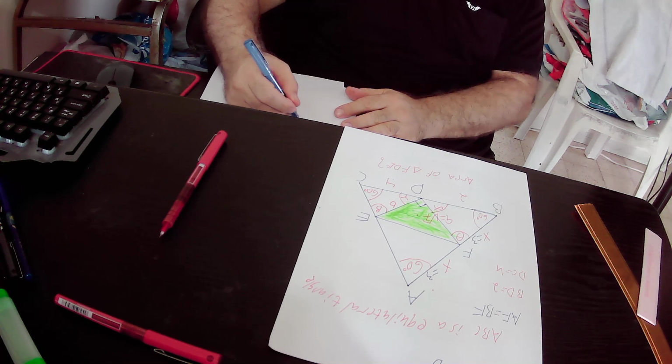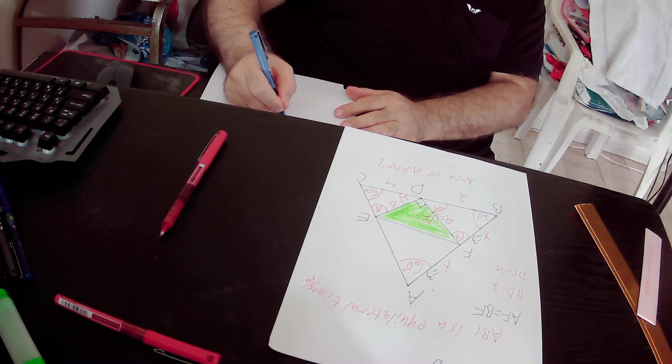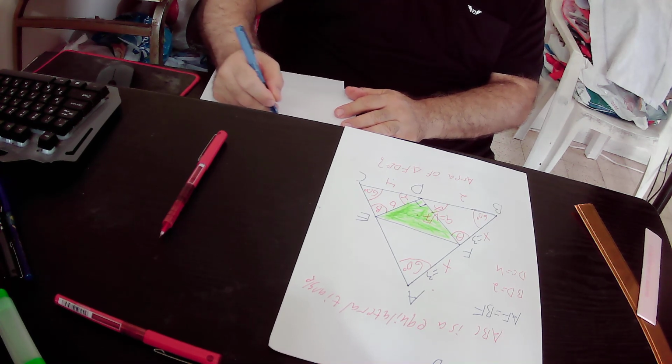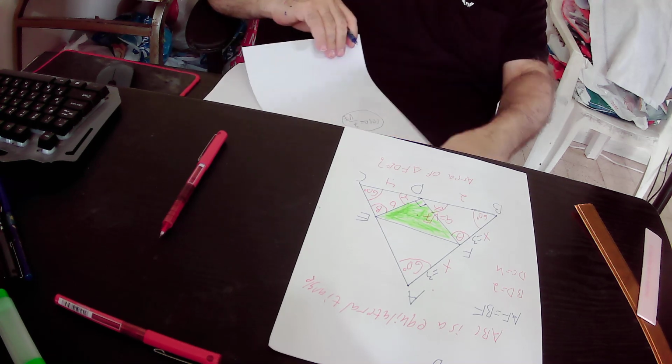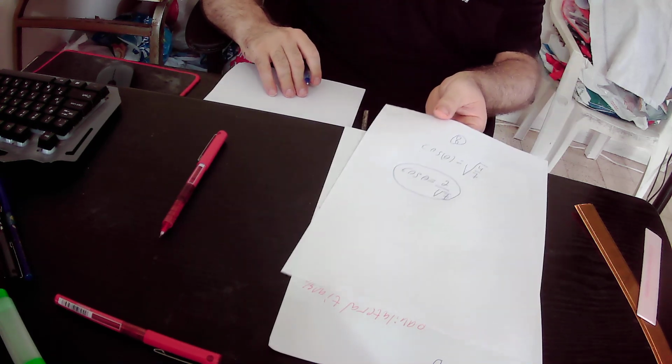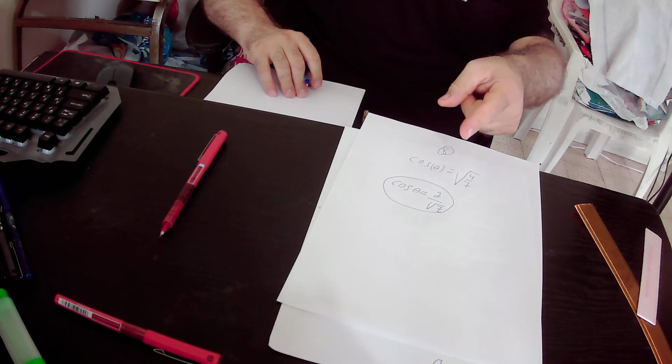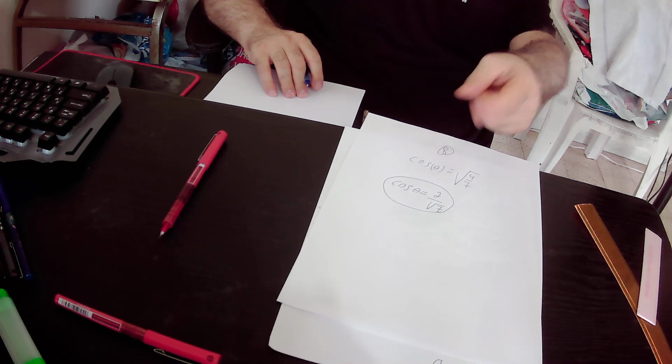We will get that the value of cosine theta is 2 over root 7. Okay, cosine theta equals 2 over root 7.